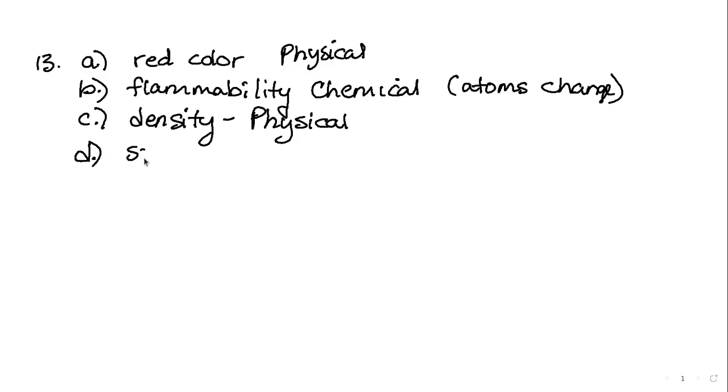Okay, next is solubility. Solubility is simply mixing something into a solution, usually in water, but it can be in other liquids too. Even in the solution, those atoms are still the same. So this is a physical property. E is melting point.